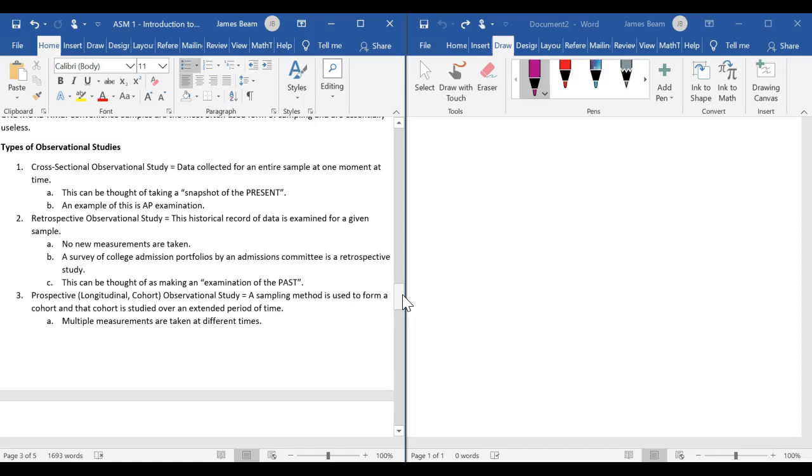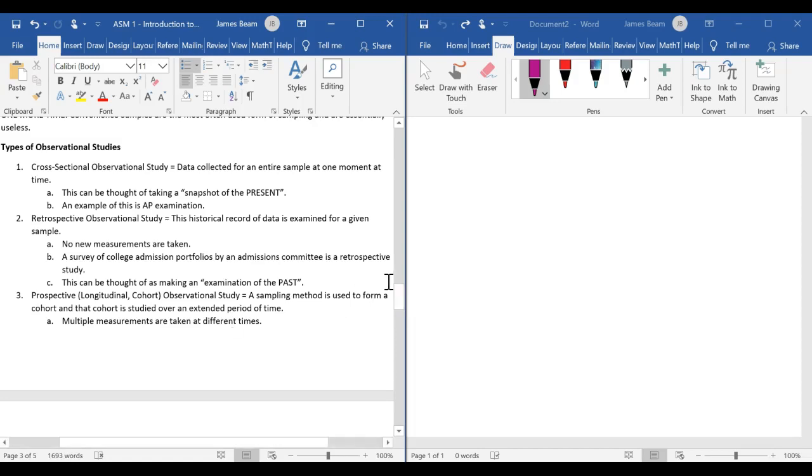And then over time, they didn't study the mother. They actually studied the child to see how giving the mother additional educational resources actually impacted the child. They looked at these children as they developed for over 25 years just to see what type of path their life took. That's a great example of a prospective observational study.